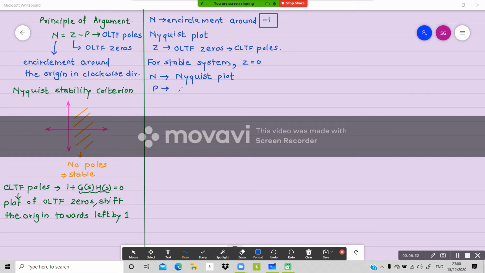How many OLTF poles are there in the RHP, because you are talking about the Nyquist plot, meaning the mapping of the Nyquist contour, and this is your Nyquist contour, correct? RHP. So whatever OLTF poles are there, this P will give you the OLTF poles in the RHP.